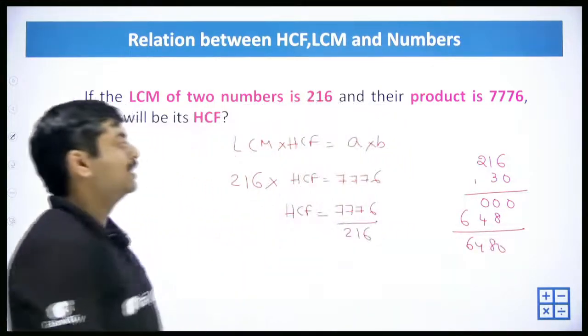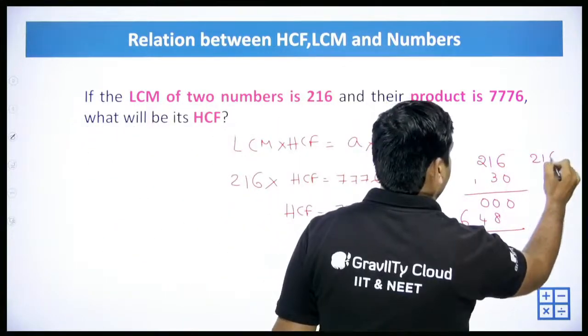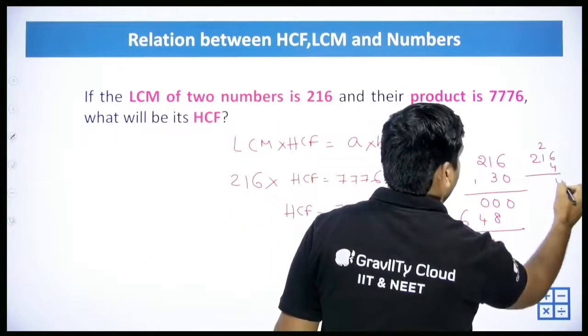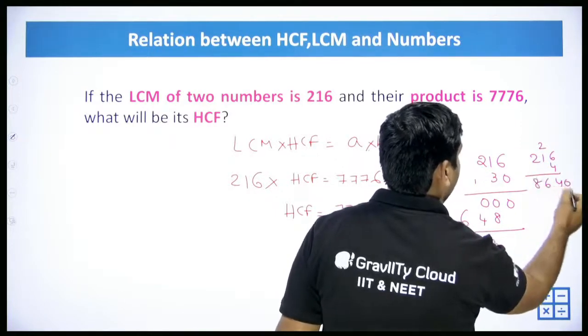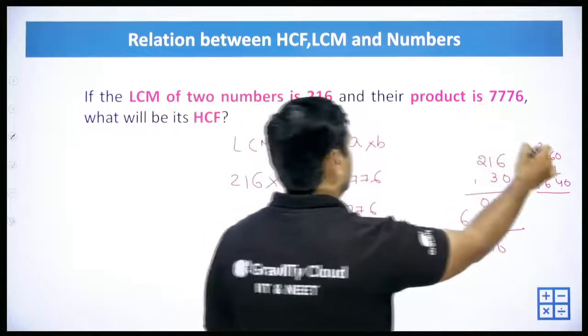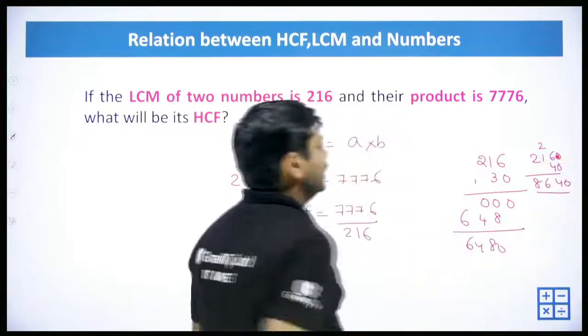Let me try 216 into 40, that will be greater than that. 216 into 40 is 8640.